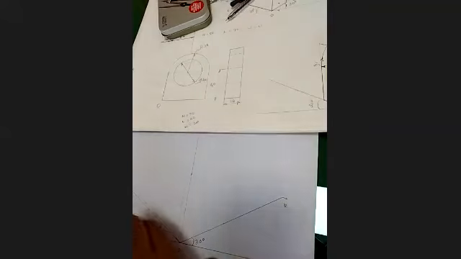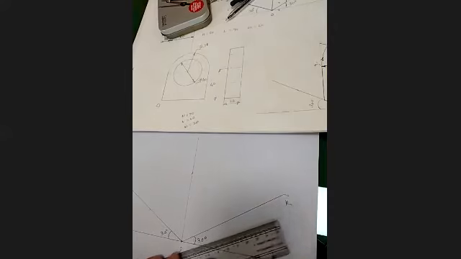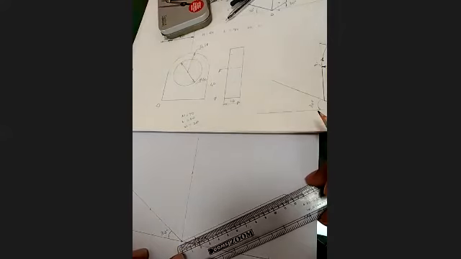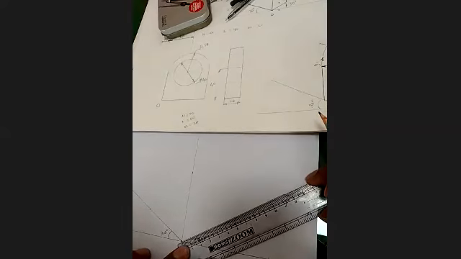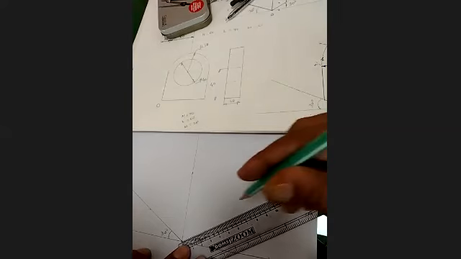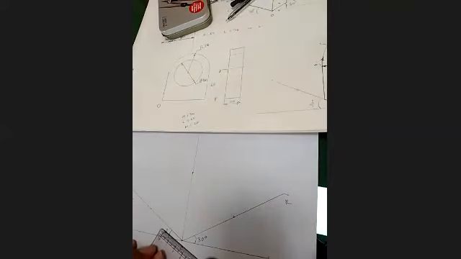Right axis, because O is on the left, so we take the length of 60 here. Width is 20. We will take this 20 here.